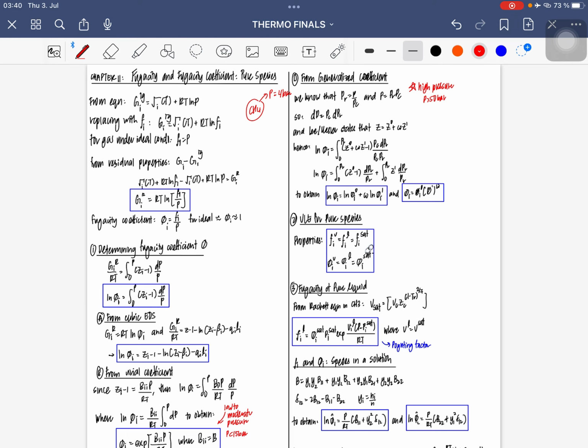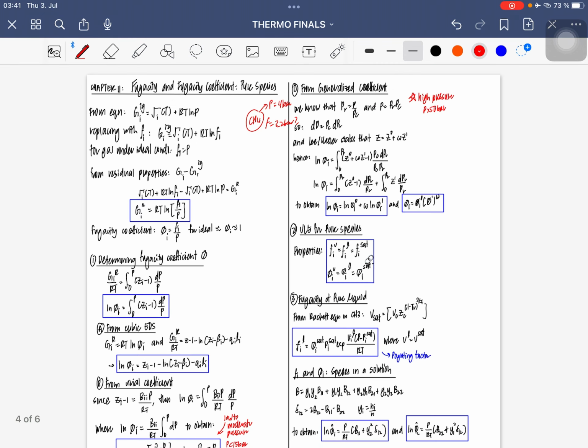Maybe you can understand it as the real pressure of a system. Let's say you have an ideal gas of CH4 that has the pressure of 4 bar, but the fugacity, or the real pressure, would be somewhere around 3.2 bar. Yeah, so that is really what fugacity is.